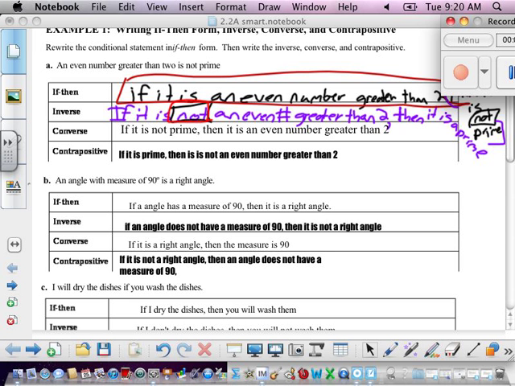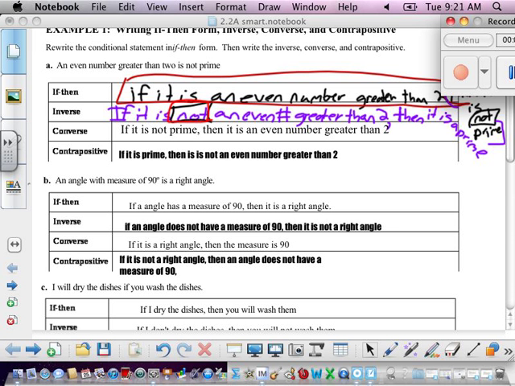For the third one, I'm going to give you the if-then statement, but then I want you guys to try. So if you've got pencil, do it in pencil. If you've got pen, write it on the side. I want you to try the inverse and the converse and the contrapositive of this one. And if you get done with C, go ahead and try D on the back too. So C says, if I dry the dishes, then you will wash them.